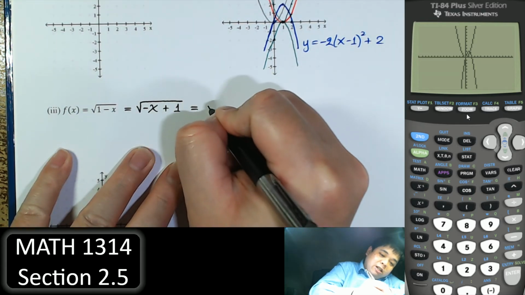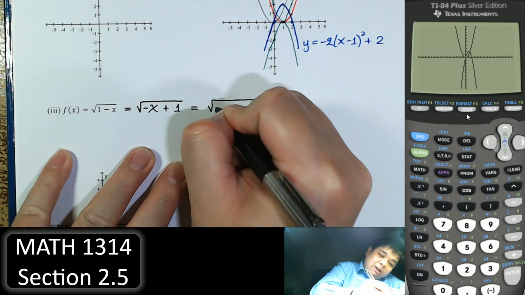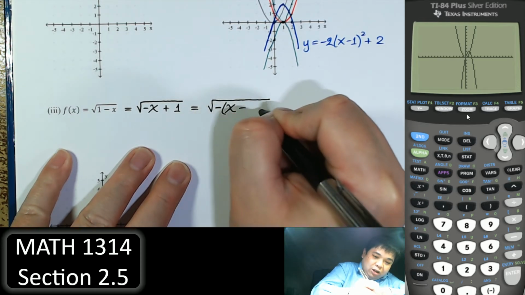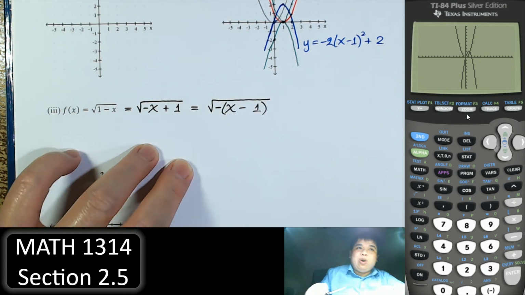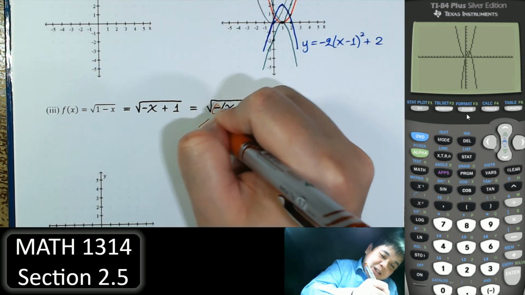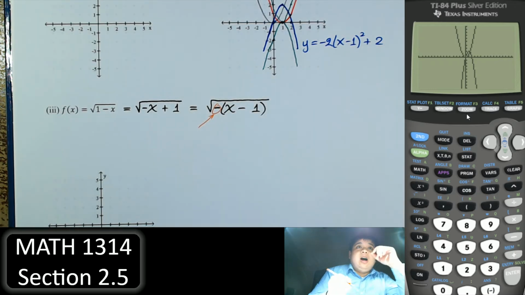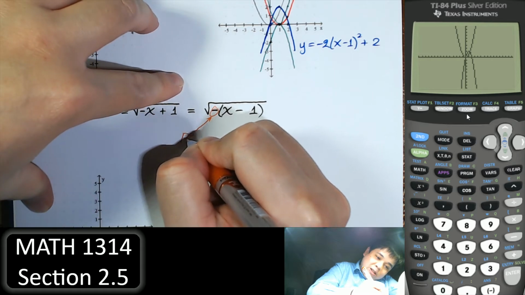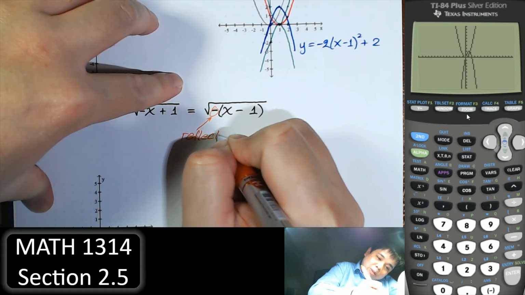And then we can write, factor to negative x minus 1. So in fact, this is what we have. We have a negative sign, with, of course, reflect the graph horizontally because it is inside.